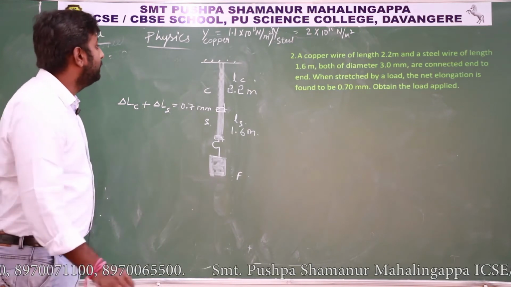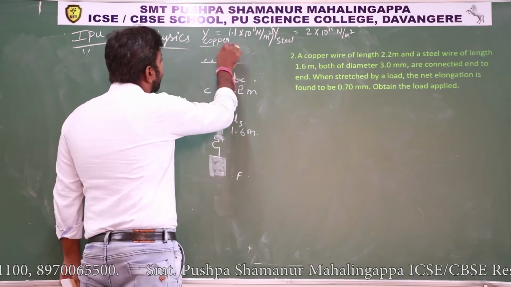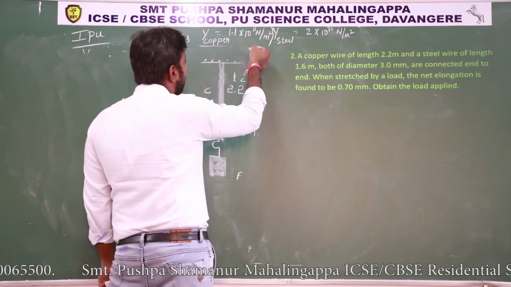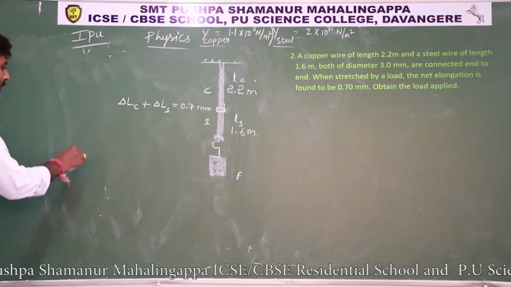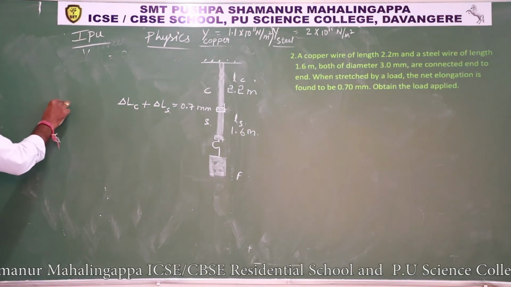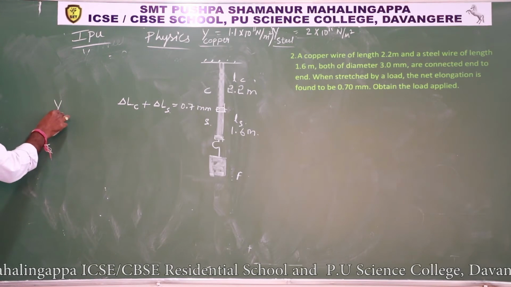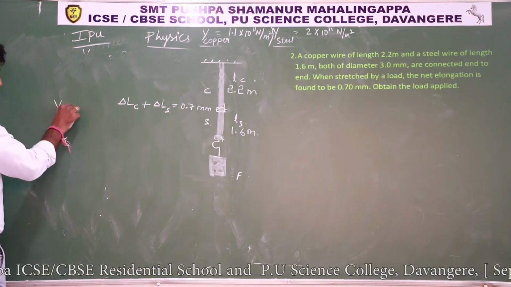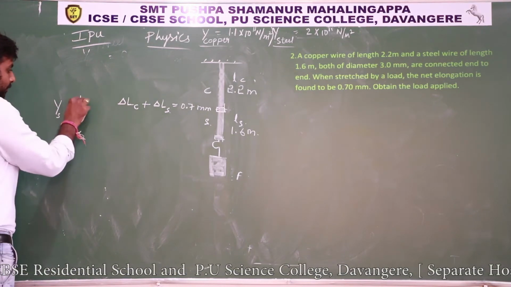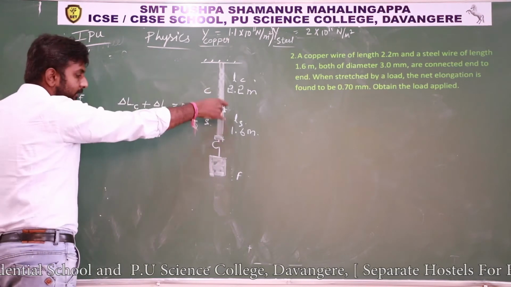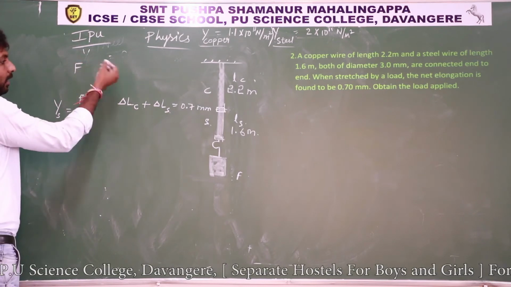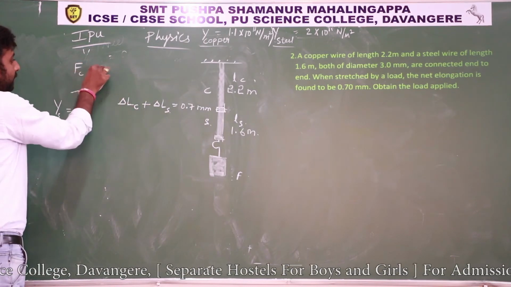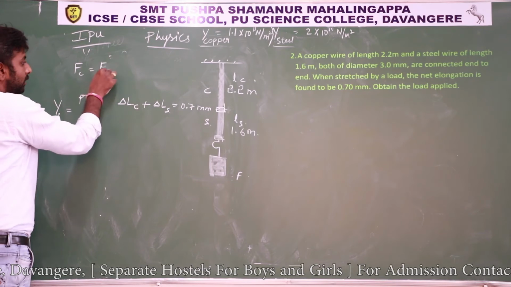So for that we should know the Y value of copper and Y value of steel. For that you know the Young's modulus formula. Young's modulus for steel I can write, for both the wires the force is same. So force on copper is equal to force on steel.